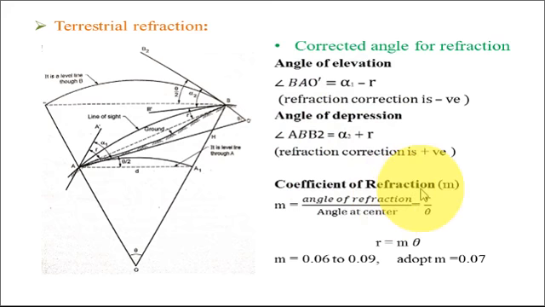The coefficient of refraction m. Now if point B is shifted very close to A, then what happens? The theta will get reduced.